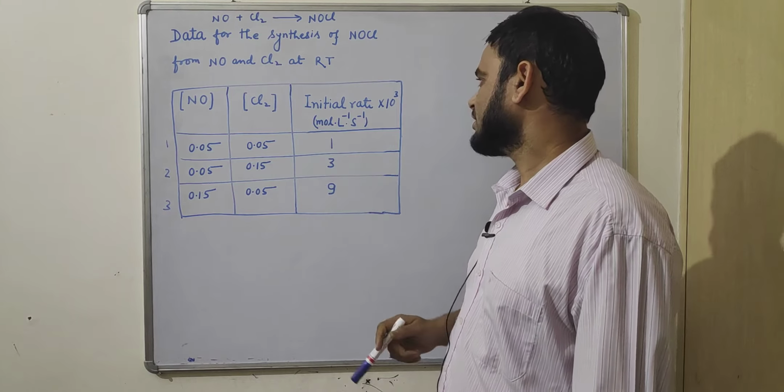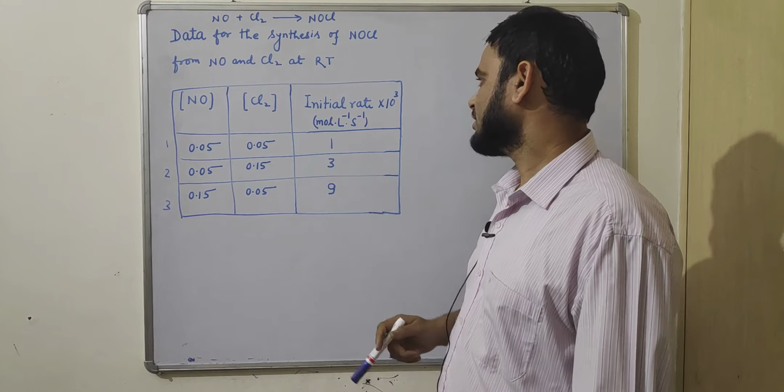To solve this type of question, we should first write the rate law: rate is equal to K [NO]^A [Cl2]^B, where K is the rate constant, and A and B are the order of reaction in terms of nitric oxide and chlorine respectively.